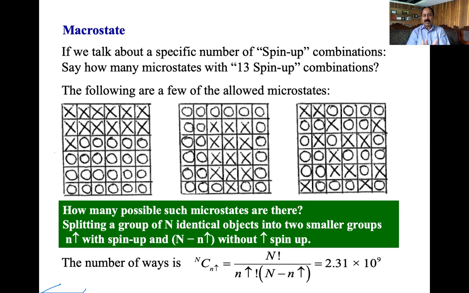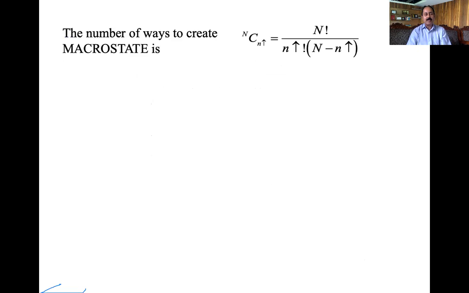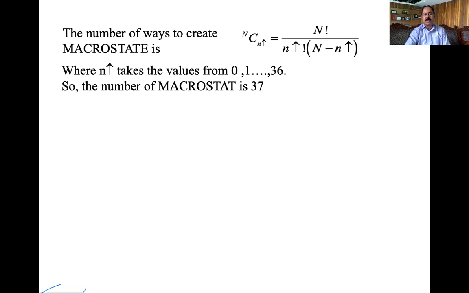So this is one category and one macrostate, right? Next we go to the number of ways to create a macrostate. This is the formula I just mentioned. Now the question is, how many total macrostates will be available?